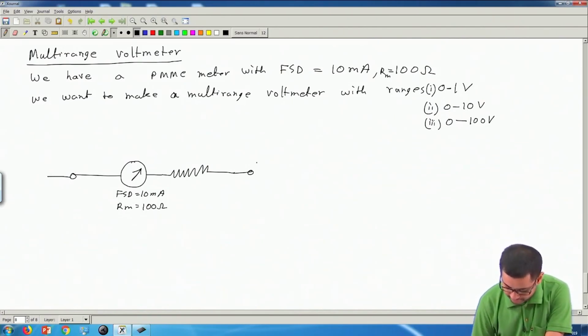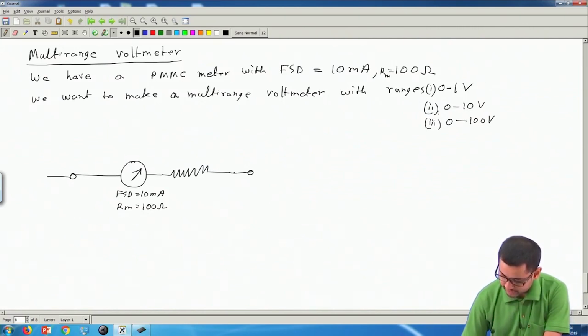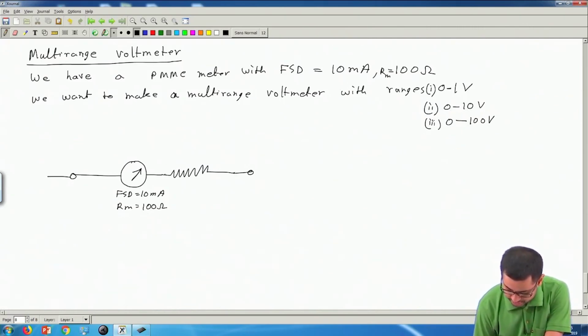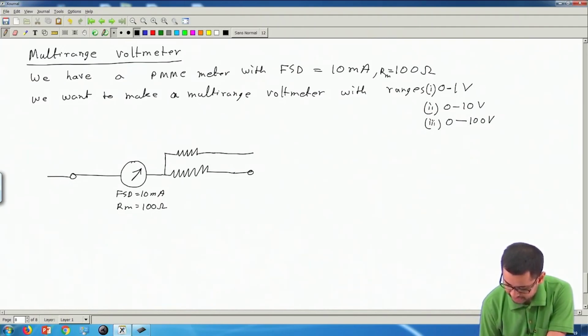But now, to get 3 different ranges, we need the provision to connect different multiplier resistances like this. So 1, 2 and 3, because we have 3 resistances.